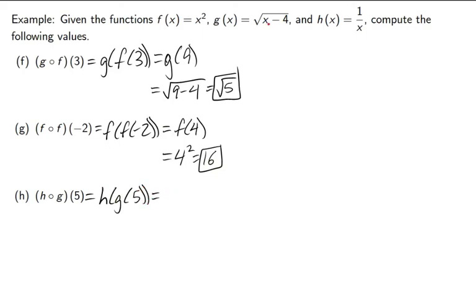Well, g of 5, if I plug in 5, I get the square root of 5 minus 4, which is the square root of 1, and that's just 1. H of x is 1 over x, so I get 1 over 1, which is 1. Just plug in the values, calculate them as we go. Once you've done 2 calculations, you have an answer.